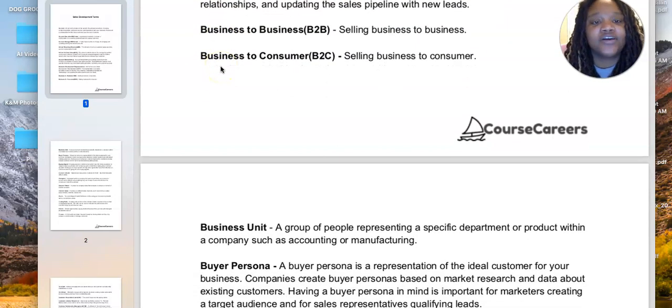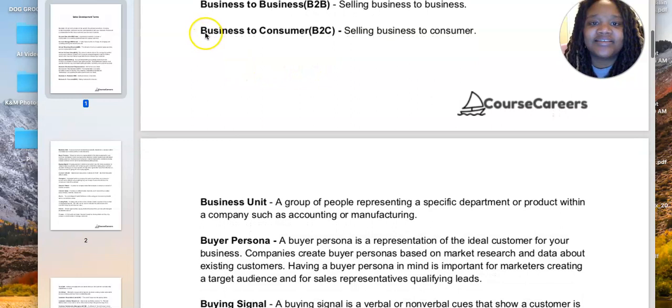Next, moving on. We have B2B, business to business, which is when a company sells to another business. Normally, when you're working for a tech company as a sales development representative, you're 9 times out of 10 going to be working B2B.